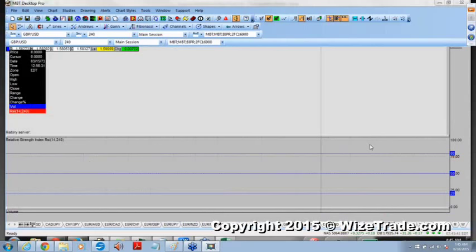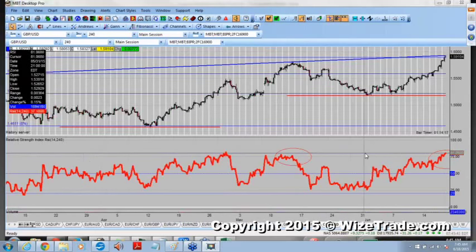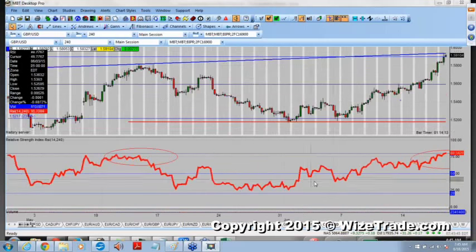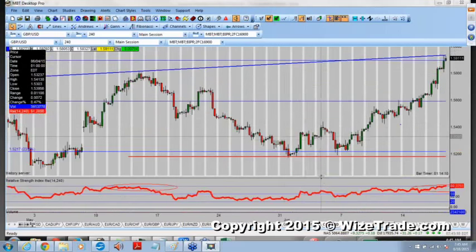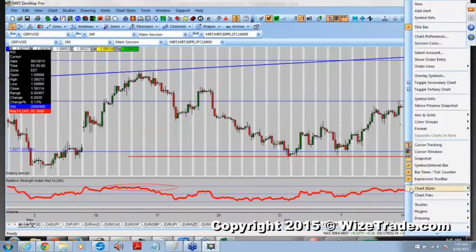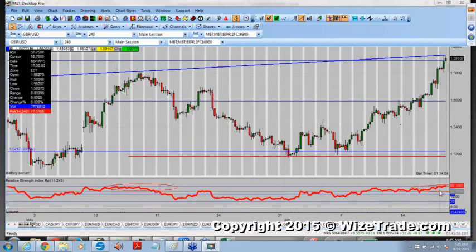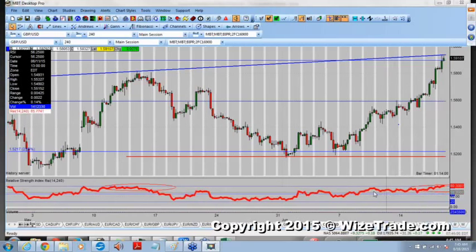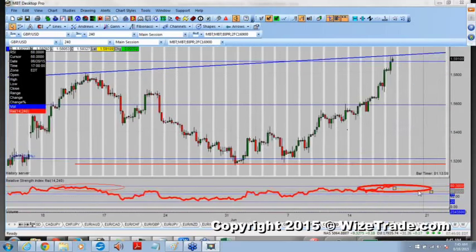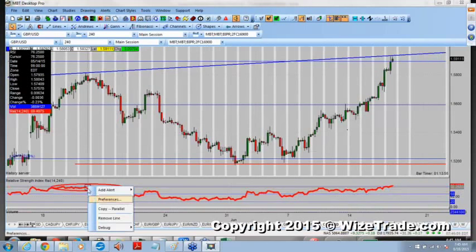All right, so let's pull that relative strength down a little bit. Okay, and let me get rid of these circles, just to minimize clutter here.